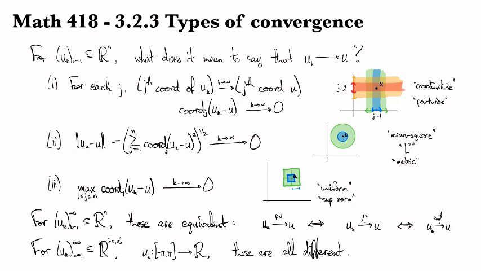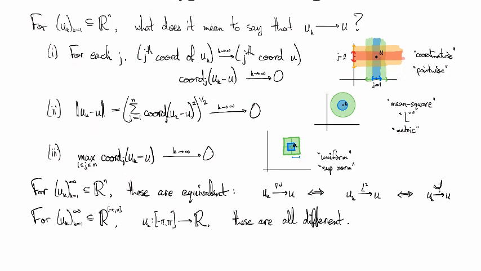So that means that the language suddenly just got a little persnickety. From now on, to say UK converges to U has no meaning, not if we're talking about functions.